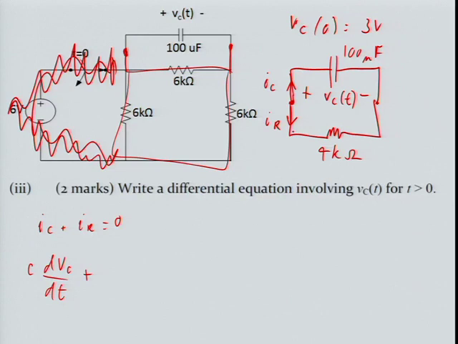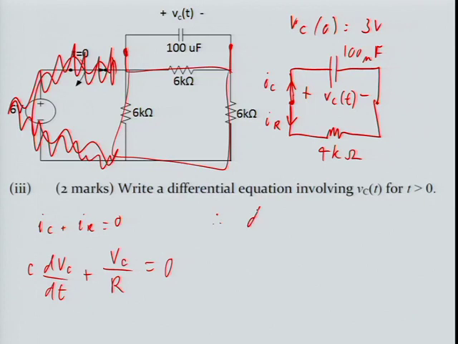What is the current IR through that 4 k ohm resistor? In terms of VC, VC divided by R. VC is also the voltage on the resistor, so the current through the resistor will be VC on R. That equals 0, Kirchhoff's current law. IC plus IR equals 0.